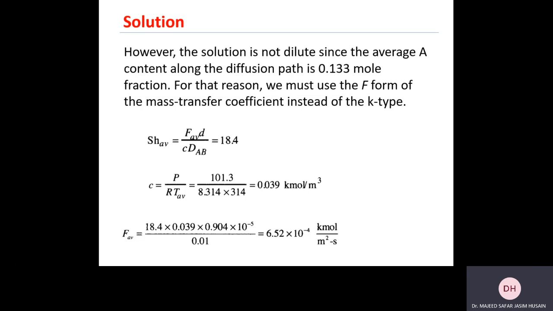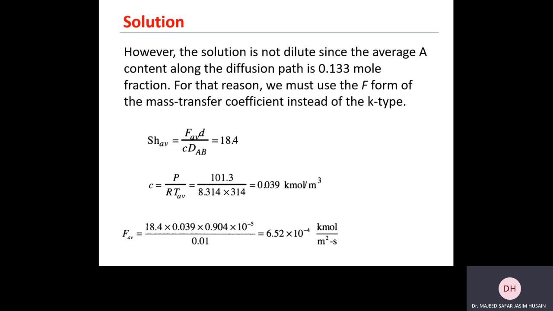So if you go back to the previous set of equations, then Sherwood is equal to FD over CDAB, and that's equal to 18.4. So if you know all of the others, you can now know the F-type mass transfer coefficient.